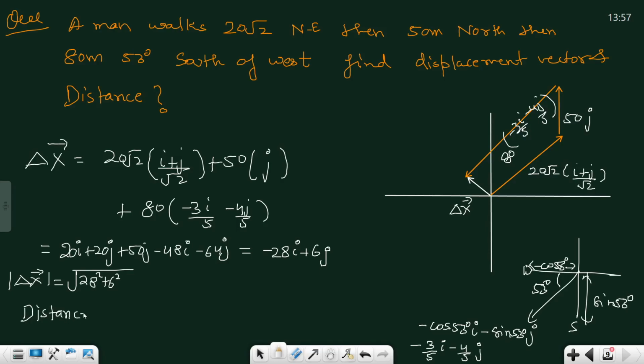You just need to add the magnitudes: 20 root 2, then 50, then 80. So that will be 130 plus 20 root 2. Clear? Yes, sir. So now you can solve any type of direction related questions. Clear? Is it clear?